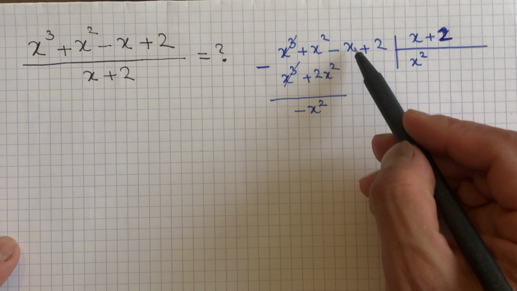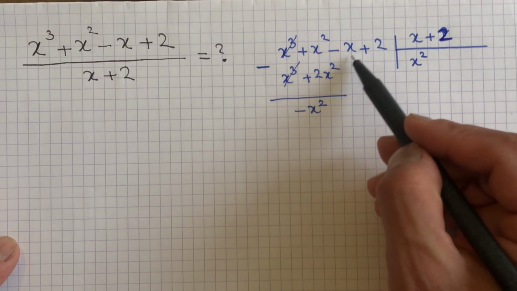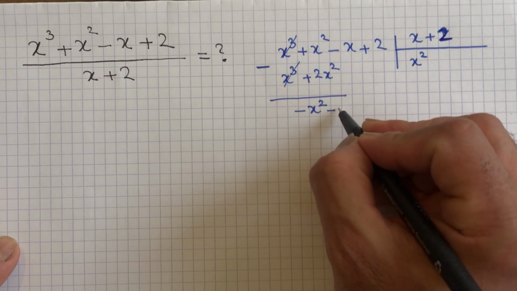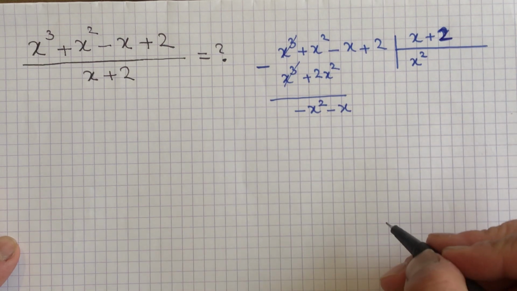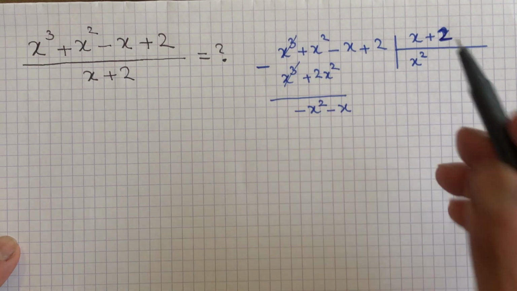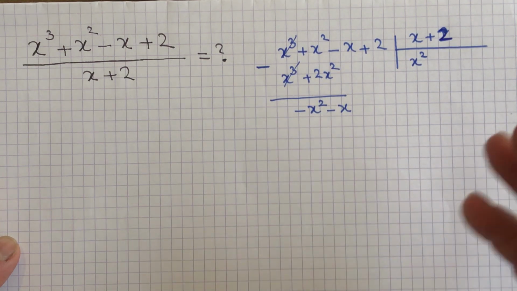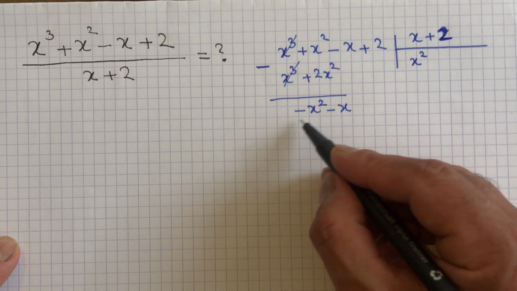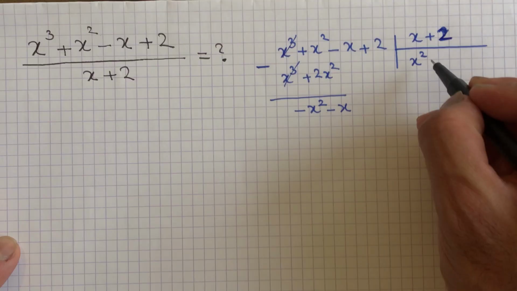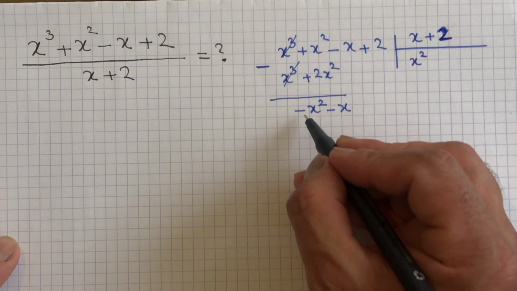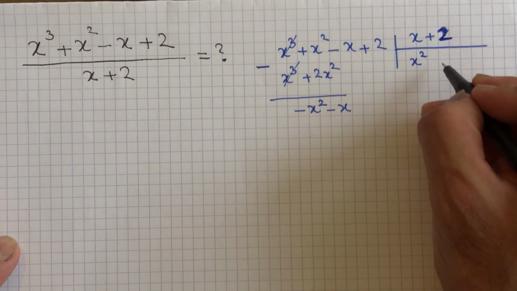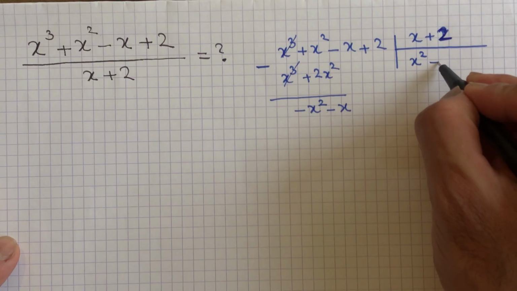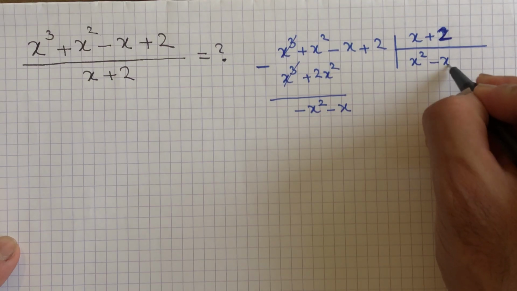Now you take the next term here, minus x, and you have to find another term to respect the biggest order here, and that is x. But as we have a minus here, we multiply with minus x.